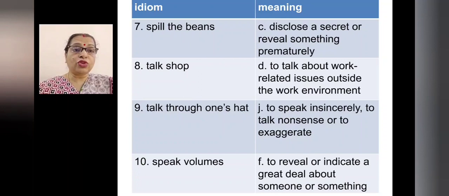Talk shop: to talk about work-related issues outside the work environment. Talk through one's hat: to speak insincerely, to talk nonsense or to exaggerate. Speak volumes: to reveal or indicate a great deal about someone or something.